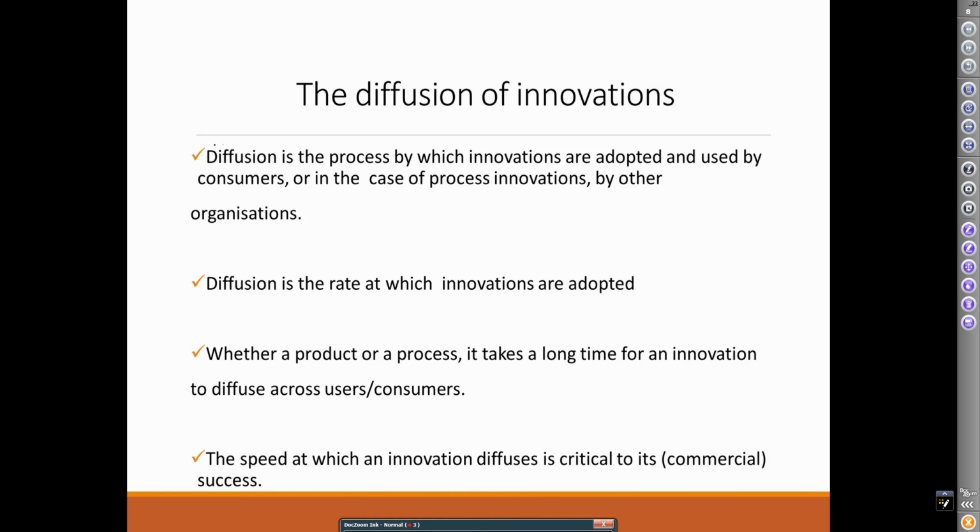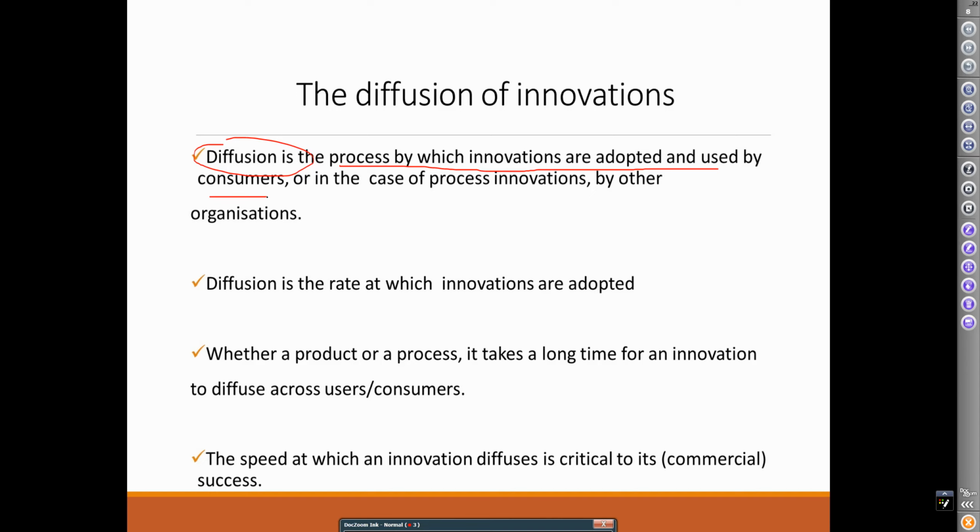First of all, what does diffusion of innovation mean? This is the process by which innovations are adopted and used by consumers. This is the task for companies. We can't survive with an innovation which doesn't meet the needs and wants of our customers.